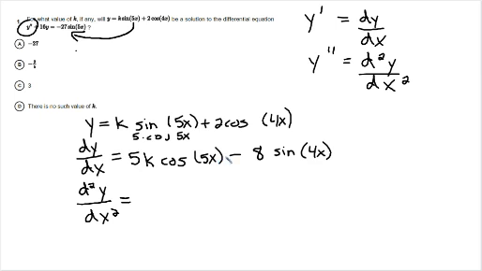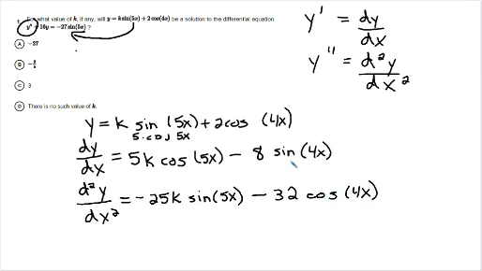Using the chain rule, times 5 makes this negative 25k sine of 5x minus 32 cosine of 4x. The derivative of sine is cosine multiplied by the 4. So now we have the second derivative.